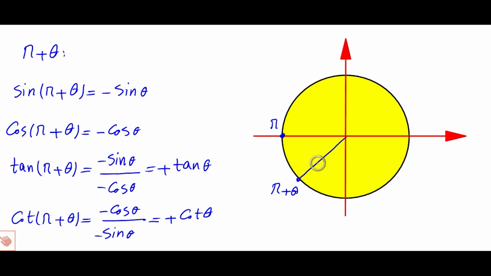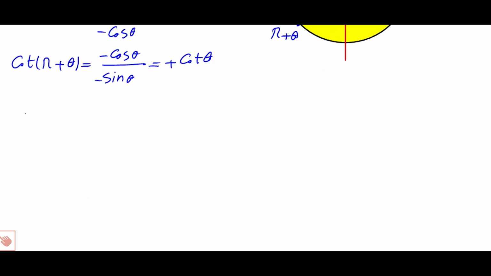Now look at this. In the third quadrant, the sign of sine is negative, the sign of cosine is negative, and the sign of tangent and cotangent is positive. For example, we want to know what is sine of 210 degrees.